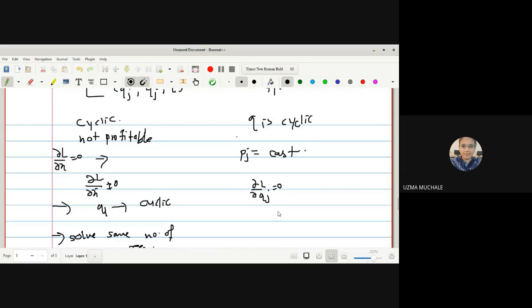Now just put this in our Lagrange's equation of motion, ∂L/∂qj minus d/dt of ∂L/∂qj dot equal to 0. So what is the value of ∂L/∂qj? It is equal to 0, which gives d/dt of ∂L/∂qj dot equal to 0.